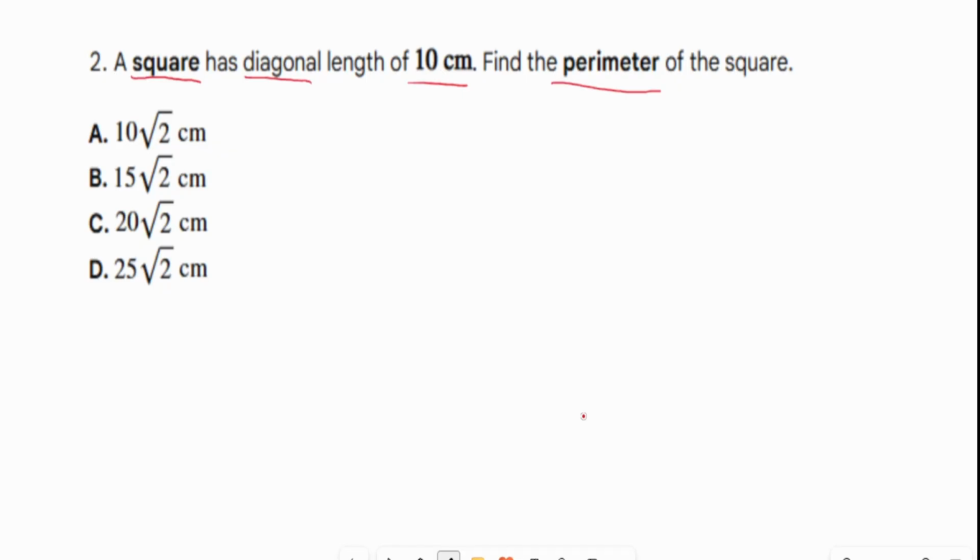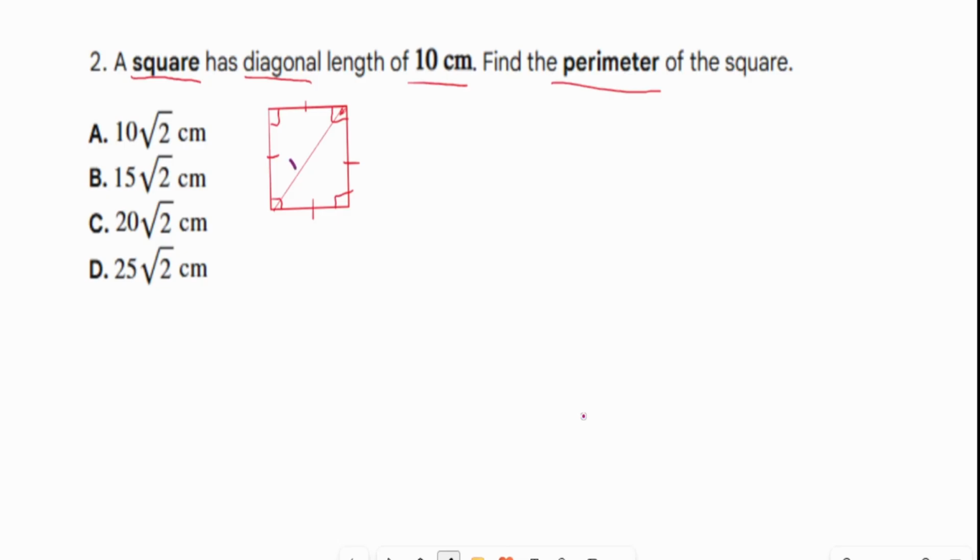Now, let's put all this information together. I will first start by sketching a square. So we take this to be a square, and some of the properties of a square are that all four sides are equal, and it has four right angles. And then the question said the diagonal is 10 centimeters.